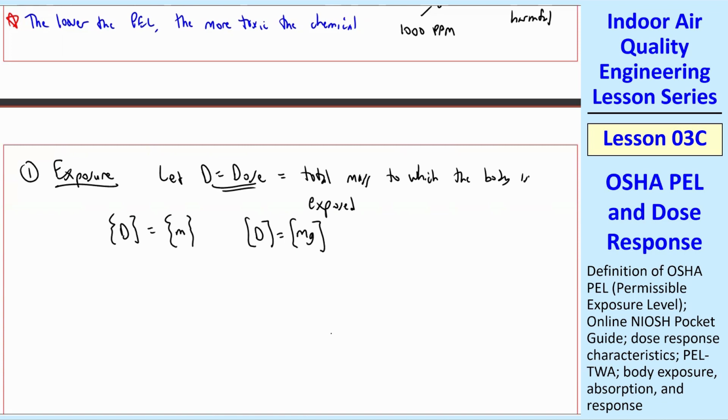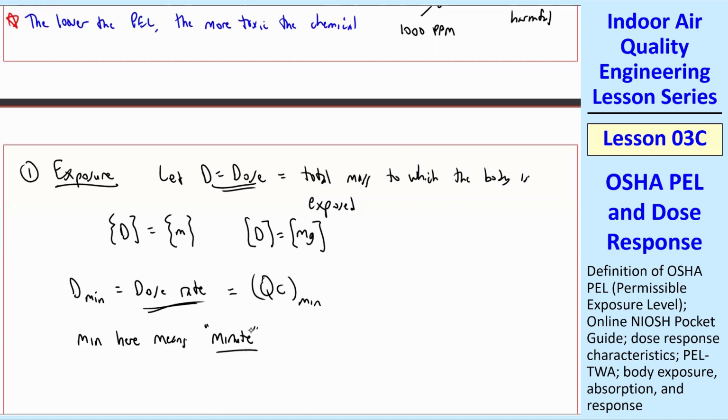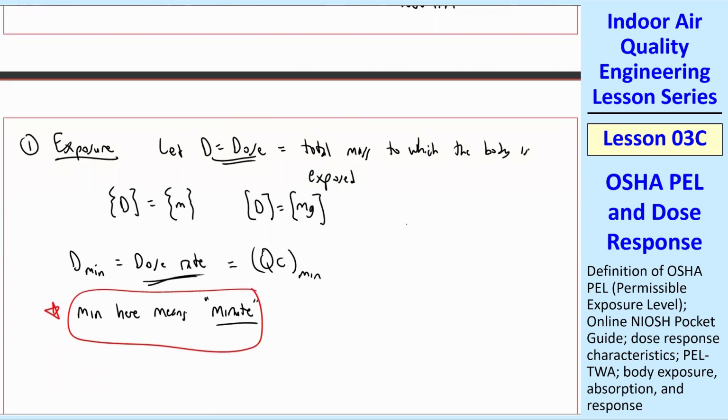We also can define D sub min, and that's called a dose rate, defined as the volume flow rate times the mass concentration, QC. Now be very careful here. Min does not mean minimum. It means minute, so that's confusing. In other words, this is the dose over a whole minute, so it's the dose per minute.